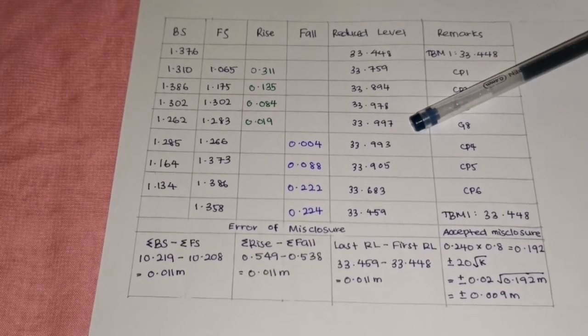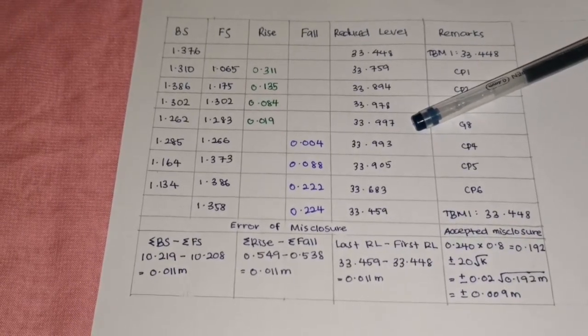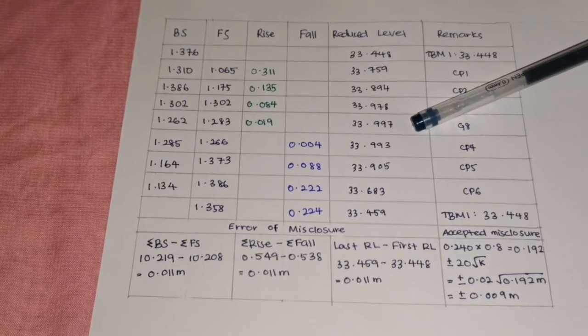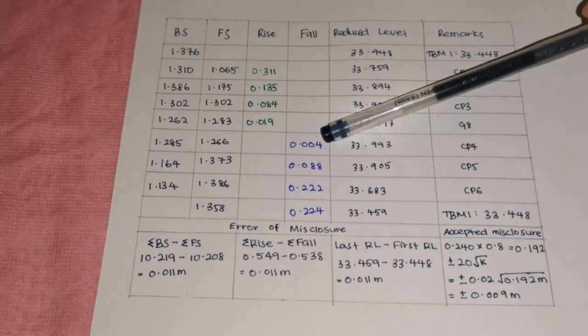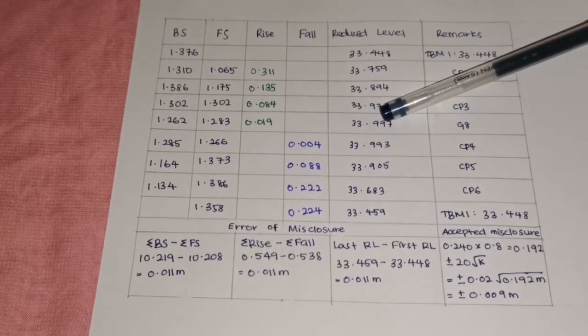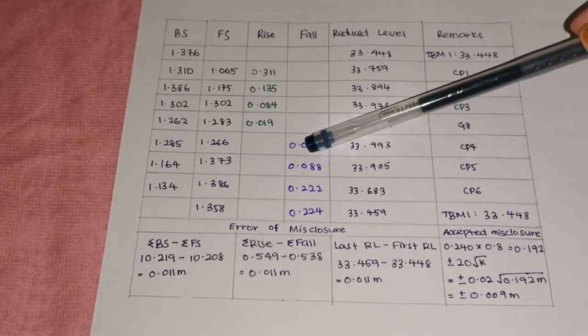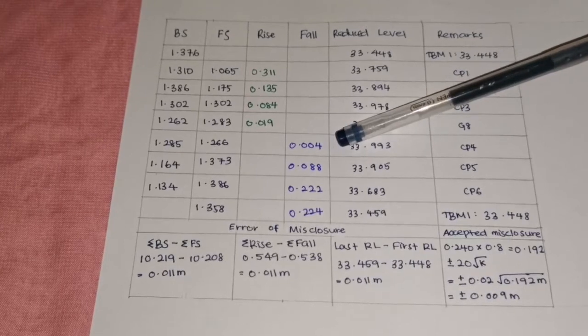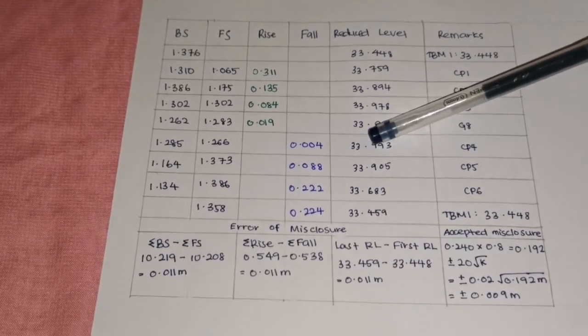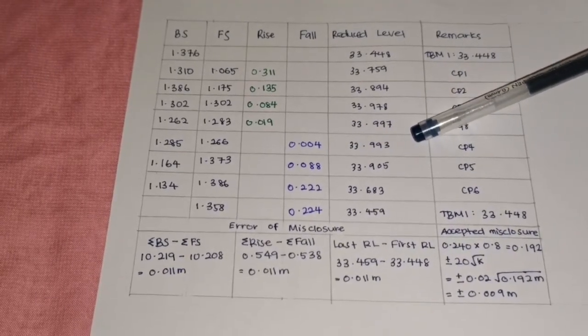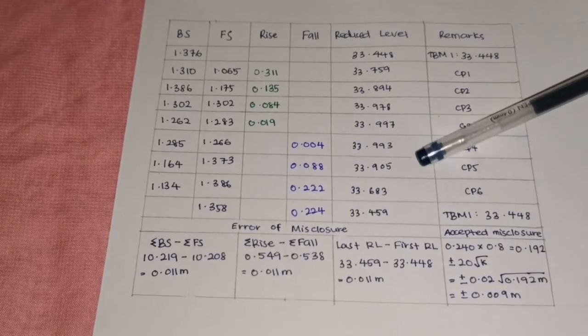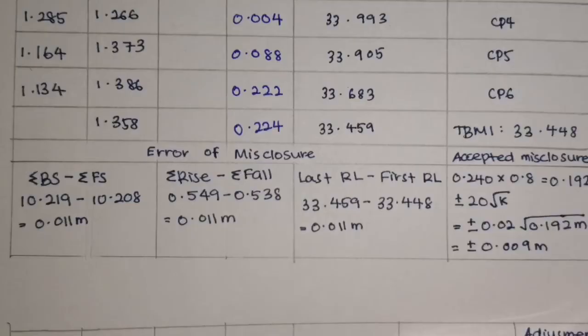Then we get 33.997. If it is fall, then we must minus it. 33.997 meter minus 0.004, then we get 33.993 meter. Then we repeat the same method until the end.